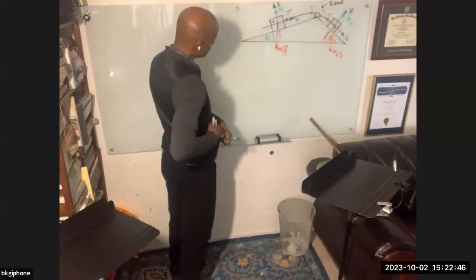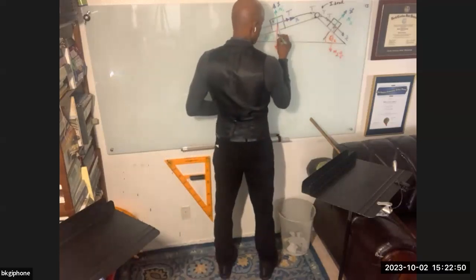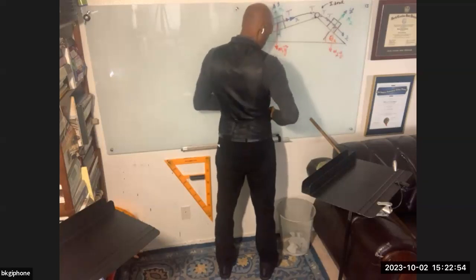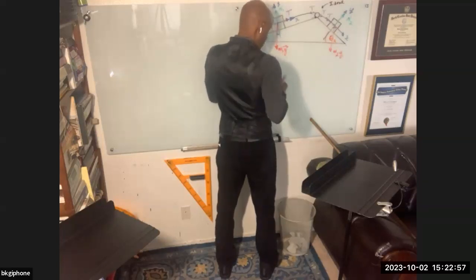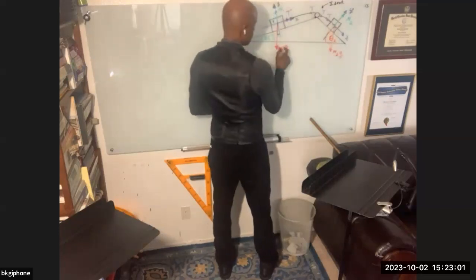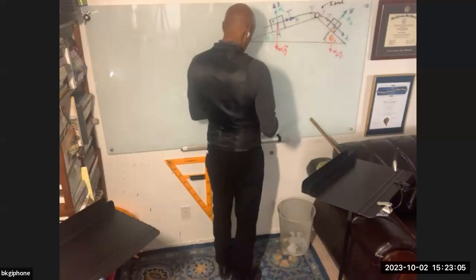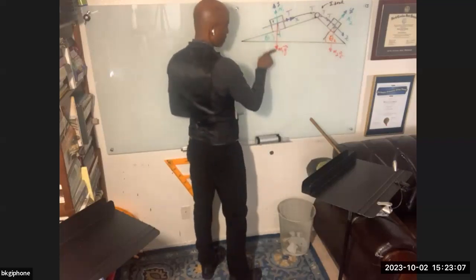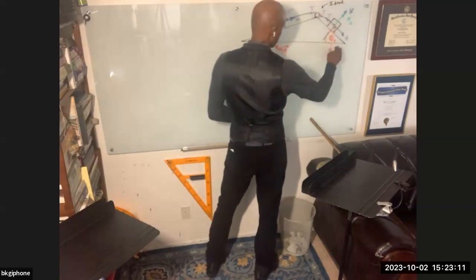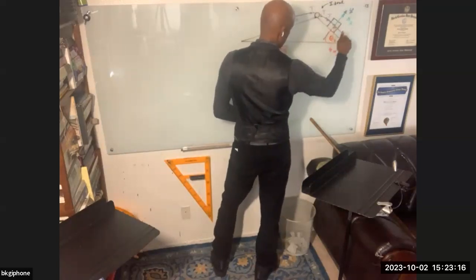Now I don't want to get too messy, but this is theta 1 here, and theta 2 is here. By now, you should know that when I project back, I get mg cos along the y direction, mg sine along the x direction for both: cosine along the y, sine along the x.